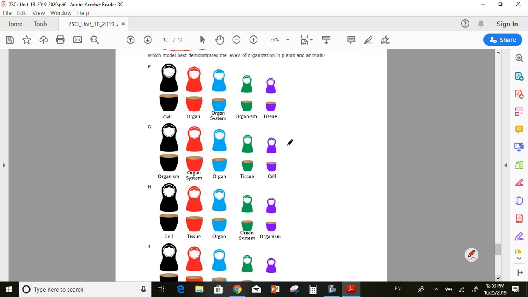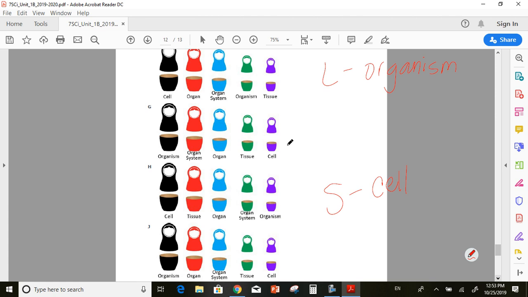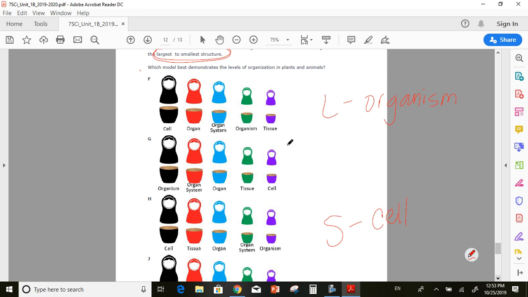So let's take a look. So if you remember, the largest is going to be your organism, and the smallest is going to be the cell. Well, I got to find one of the answer choices where the doll is the largest and it says organism. So F doesn't have that. This one's wrong.